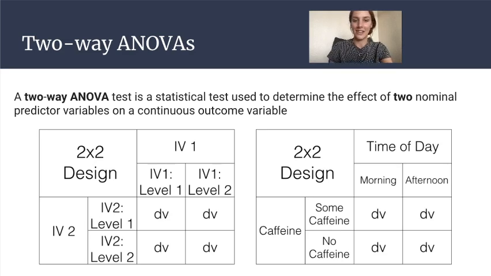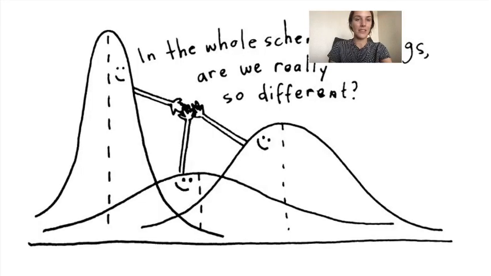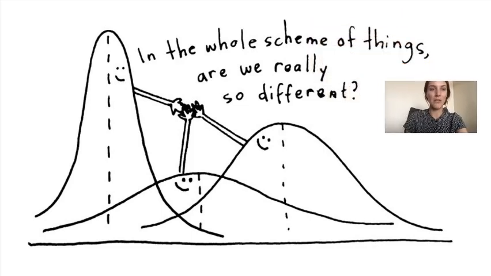So the very last thing I'll leave you on is this, which I think is just so cute, all right? It says, in the whole scheme of things, are we really so different? And that's what the ANOVA is all about, is taking multiple groups of data and comparing them, not just their means, but their variance, to see if they're truly different.